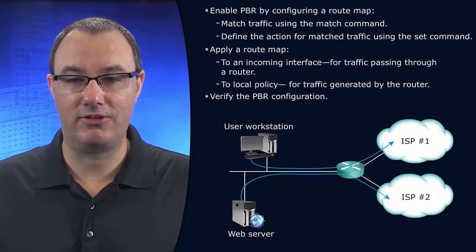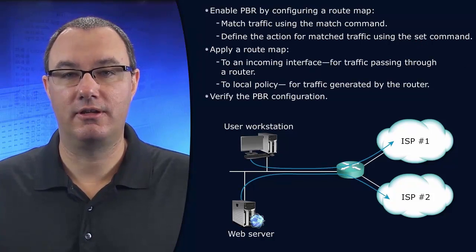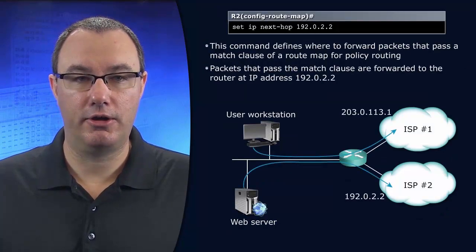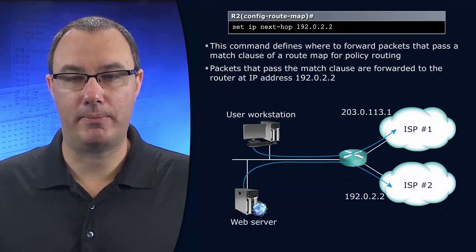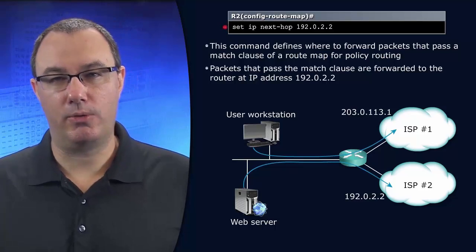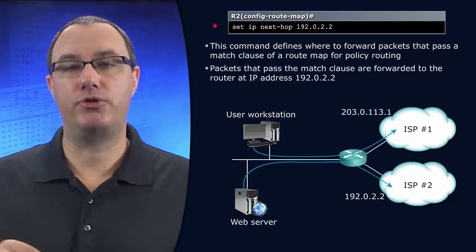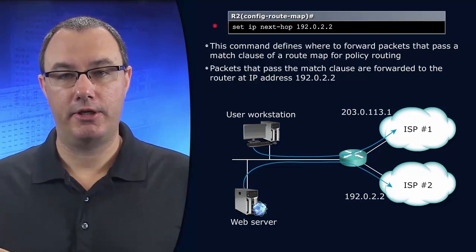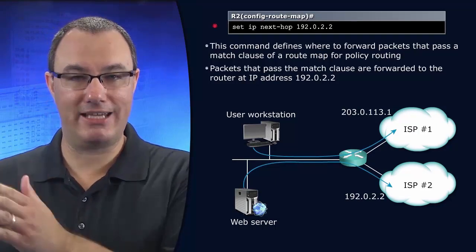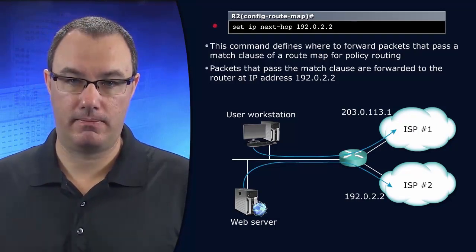Now a set command says, do this. And it's only going to do this if we have matched under a permit sequence in a route map. And what are we doing with policy-based routing? We're saying, I want to override the routing table. Now the routing table says this destination goes to this next hop router.